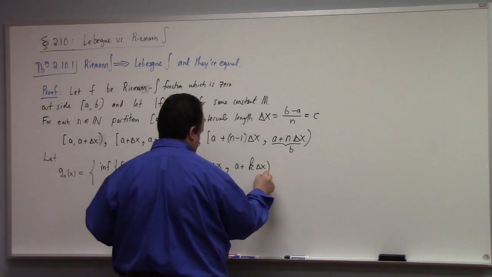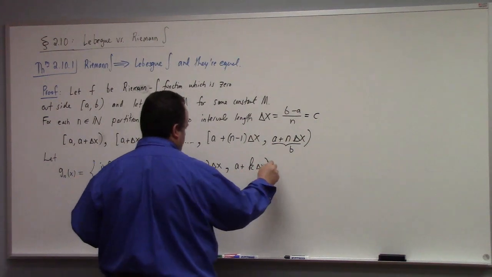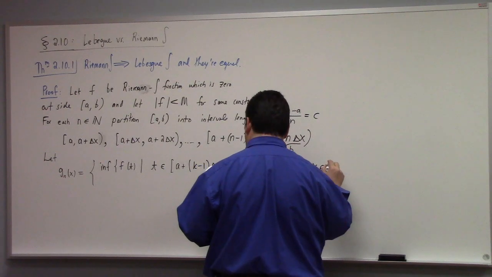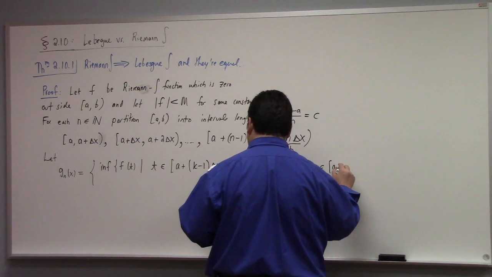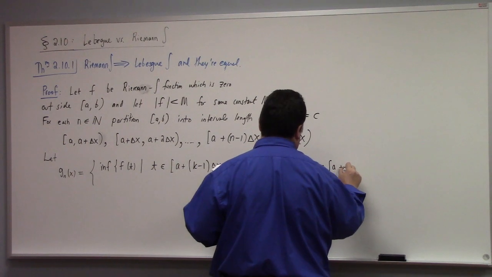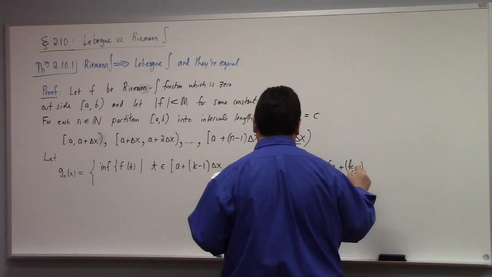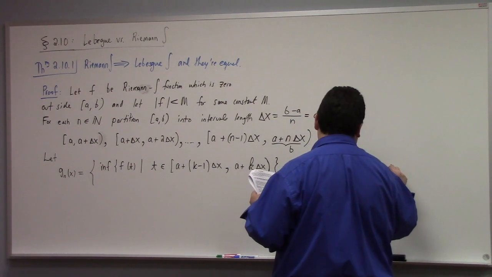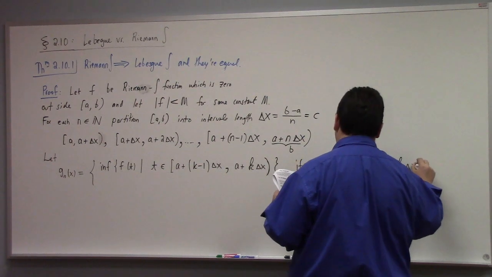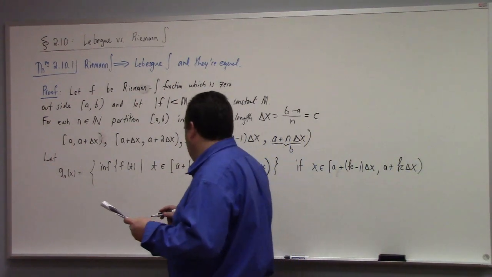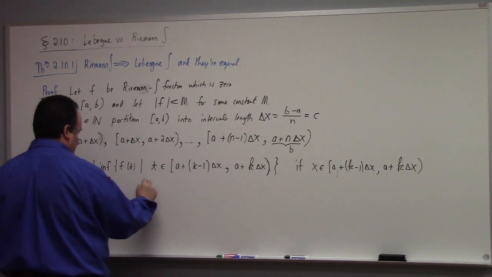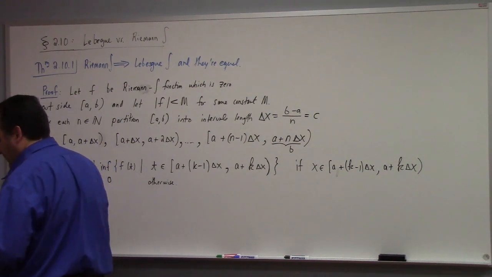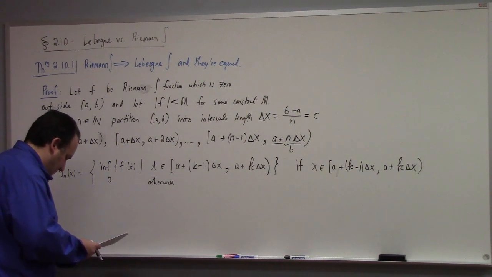Okay, so that's the Clopin interval that closes the infimum, and then he says if x is an element of that same Clopin interval, and it's 0 otherwise.